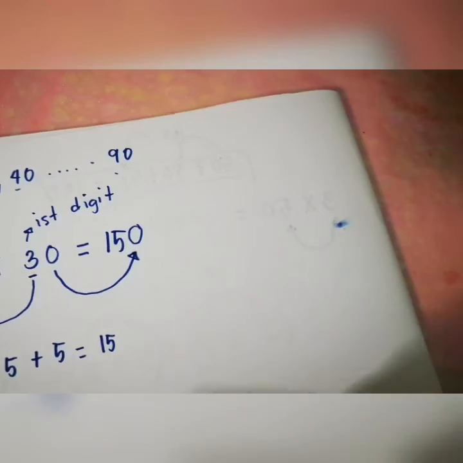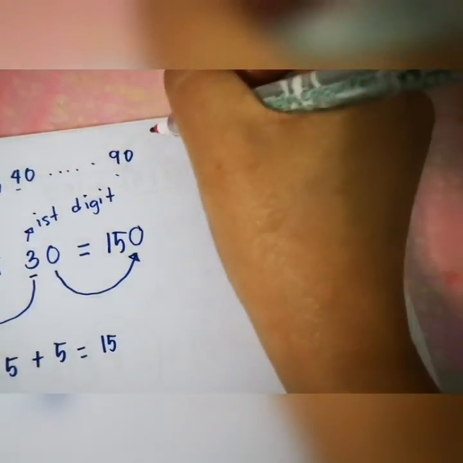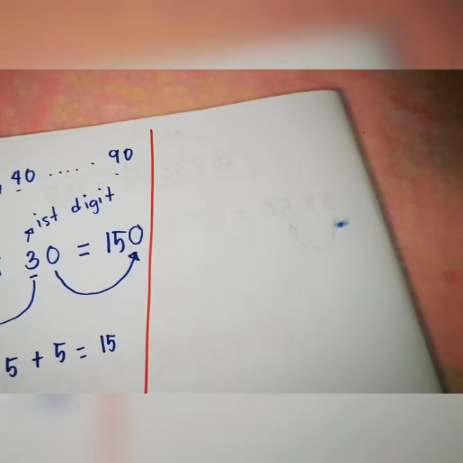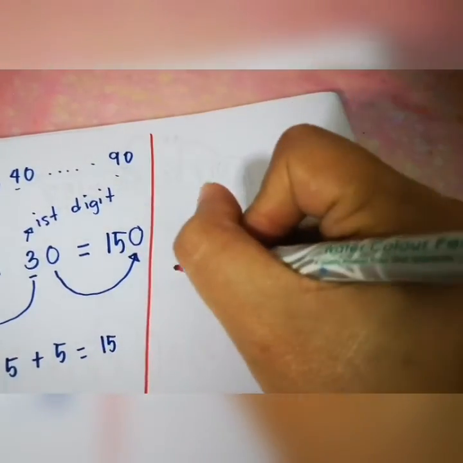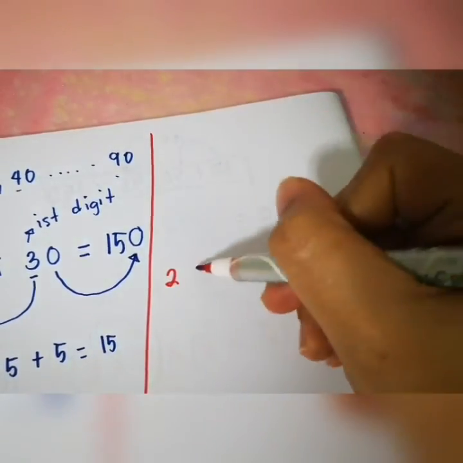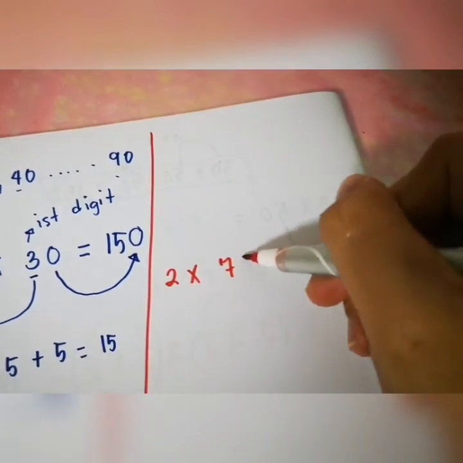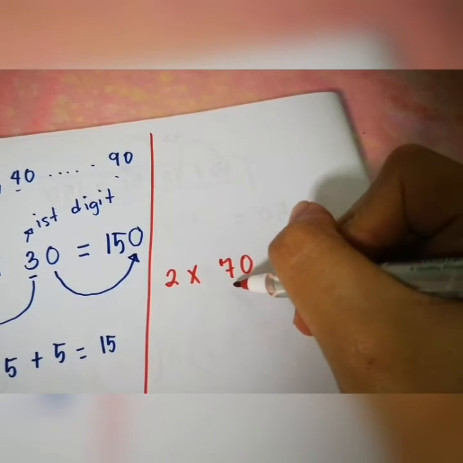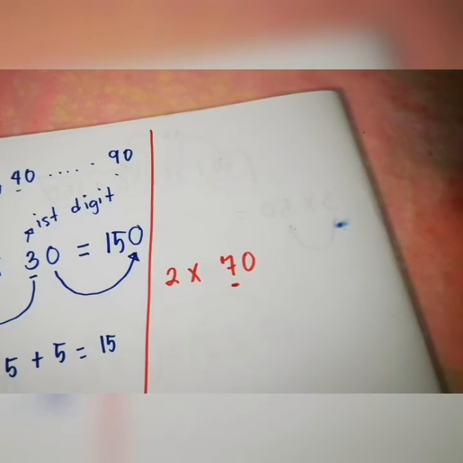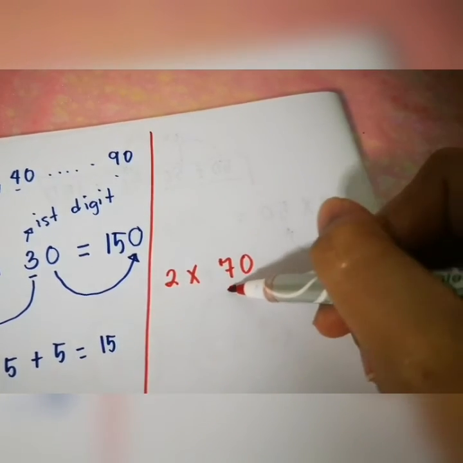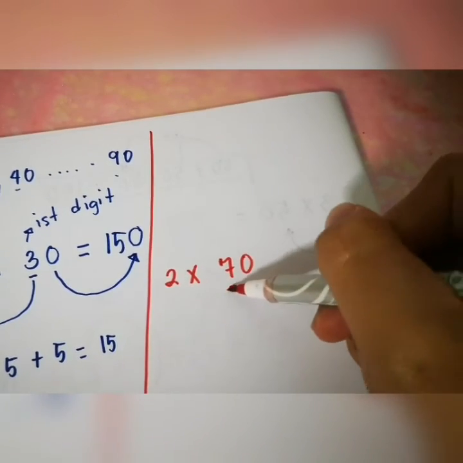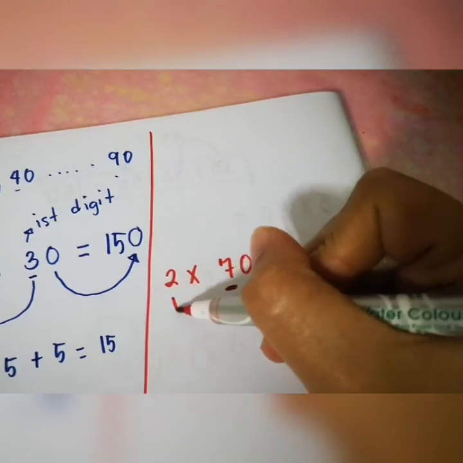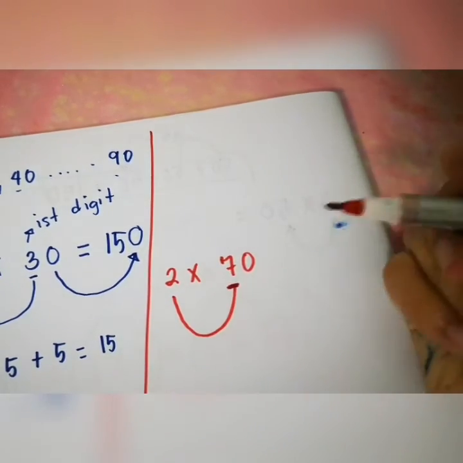Okay, now let's have another example. Let's have number 70. So 2 times 70. Again, we multiply the first digit. This is our first digit. No need to multiply the second digit, just multiply the first digit. So 2 times 7.